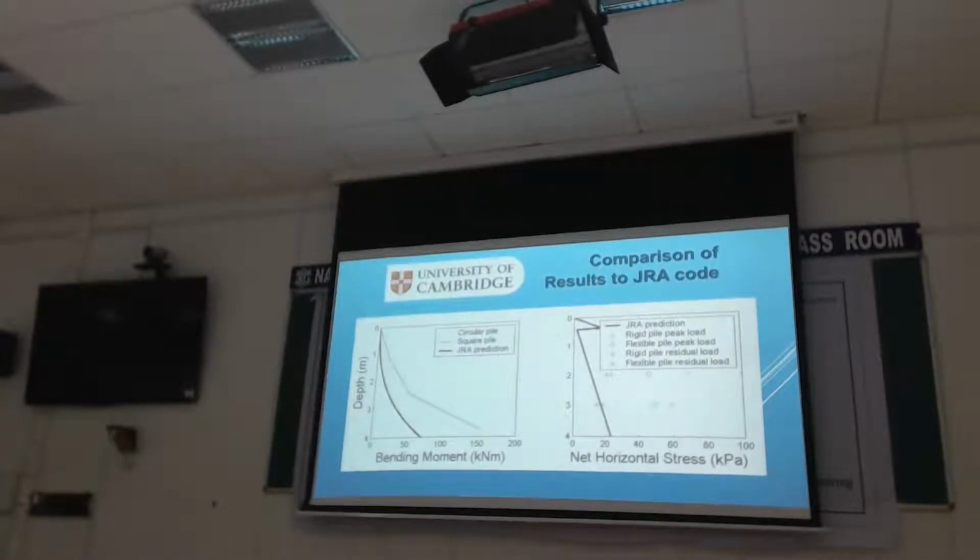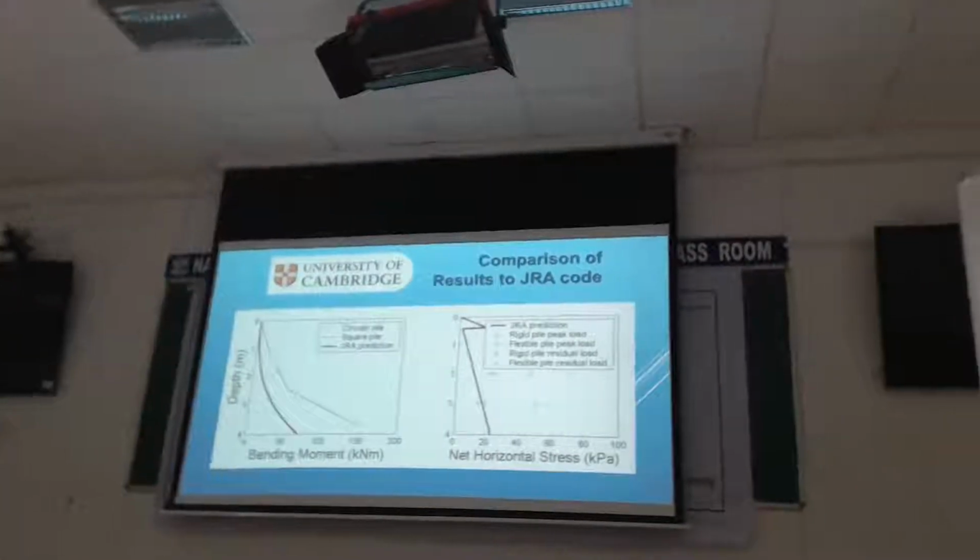And it's interesting. You can also plot where the JRA code non-liquefiable crust calculation is, and they're dropping that quite down, because the rule is 30% of total vertical stress, as I said before, and these are all our data points. So we are measuring net horizontal stress of 60, 70 kPa, while they're predicting 10, 15 kPa.